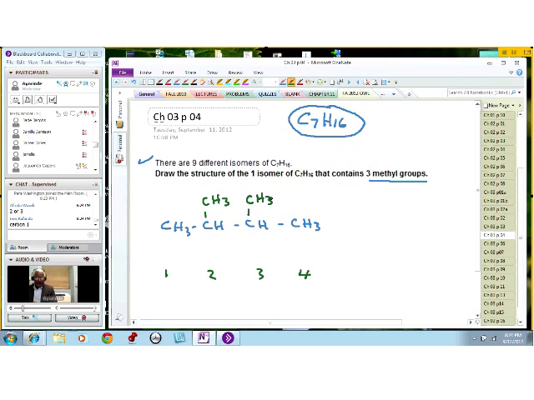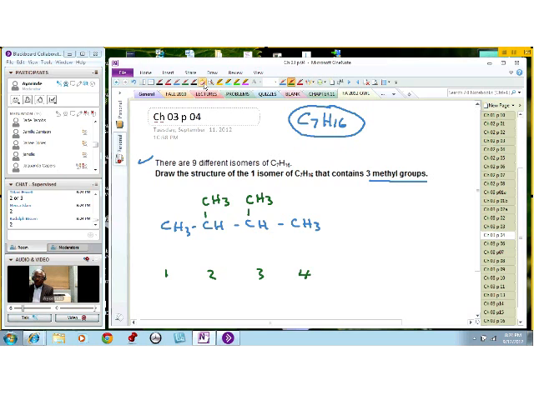Position 2 and 3, that is excellent. Position 2 and 3 is correct because you cannot place it in position 1. If you place it in position 1, then the longest carbon chain will be 5, not 4. Okay, so that is correct.